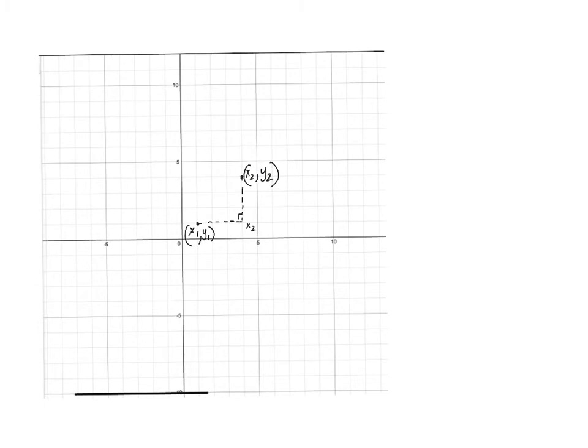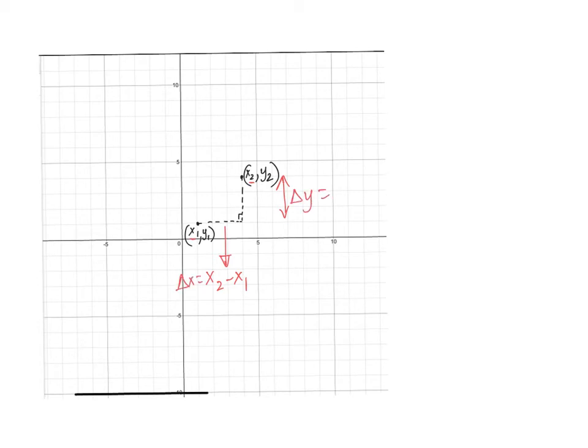Now what's the change in x? I'm asking for this value. What is the difference between these two? It's x2 minus x1. Similarly, for the y change, let's call it delta x and delta y.